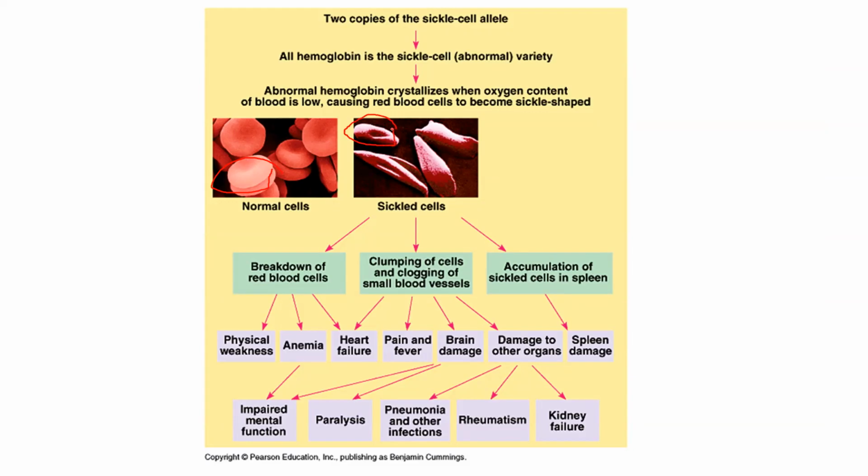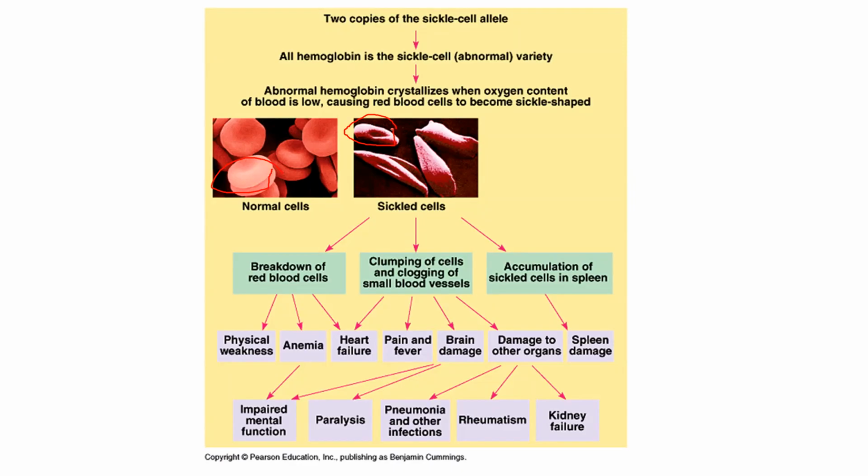Now, you could say, okay, that is one effect. But what else does the sickle cell gene affect? It increases risk of heart failure. It causes the sickle cells to form clumps and clogs in small blood vessels. They accumulate in the spleen, so they damage the spleen. They can damage the joints in the body. Of course, you have the anemia.